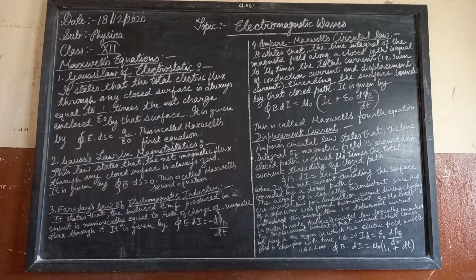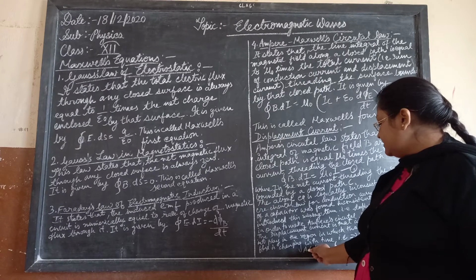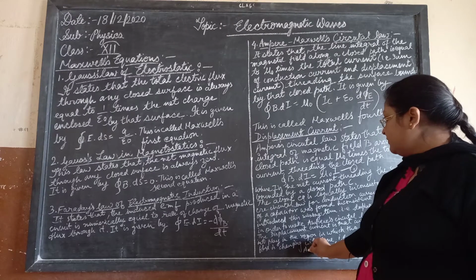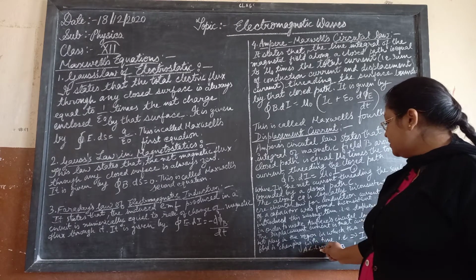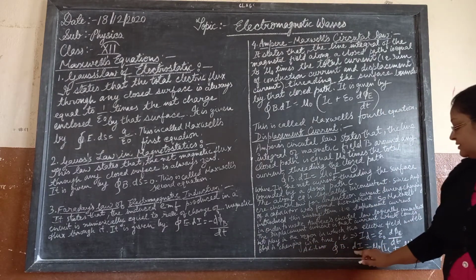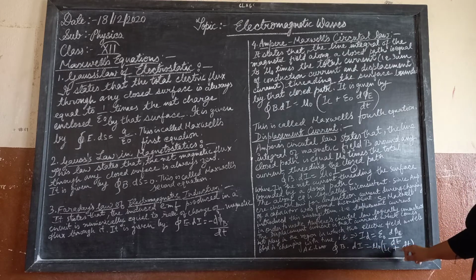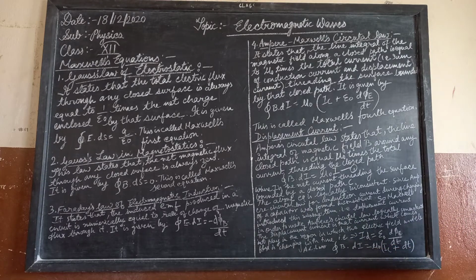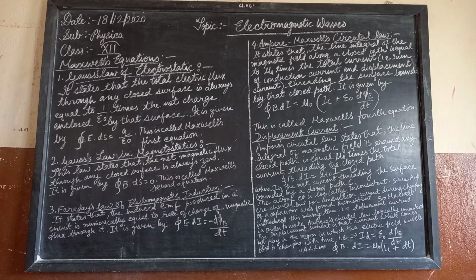So Ampere's circuital law is modified into the line integral of B dot dl equal to mu 0 times (IC plus ID). With this change in Ampere's circuital law, the displacement current is introduced, and thus we got the line integral of B dot dl equal to mu 0 (IC plus ID).